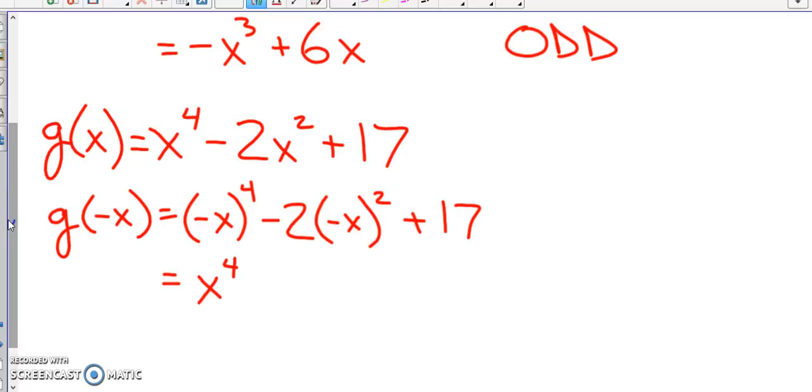Now be careful there, you have to square first. When I square negative x, I come out with positive x squared, and then this is negative 2, so this would still be minus 2x squared. And then the 17 doesn't change either. How does that compare to the original? It's the exact same. That means this function is even.